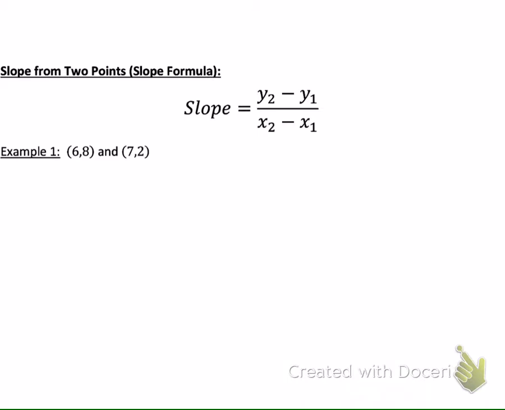We just put it in this formula where we subtract the y's, so y2 minus y1 divided by the x's, x2 minus x1. All right, so what I'd like to do is go ahead and label your points. So I've got x1 here, y1 here. All that means is it's the first x of the first point, and then the 8 is the y of the first point. And in this case, we'll just use our 7 as x2.